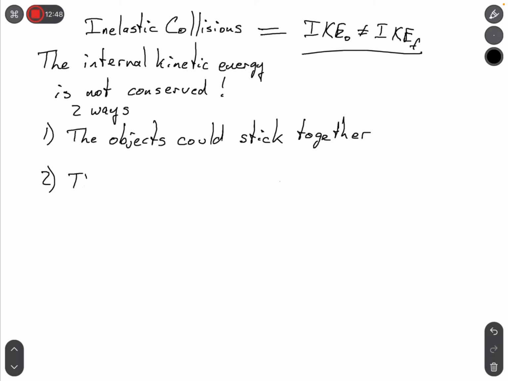Then we've got the objects are deformed, and that deformation takes energy out of the system. Now, it doesn't always take energy out of the system like we saw before. They could deform and then snap back. That's fine.